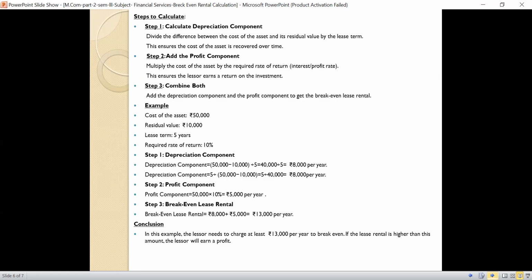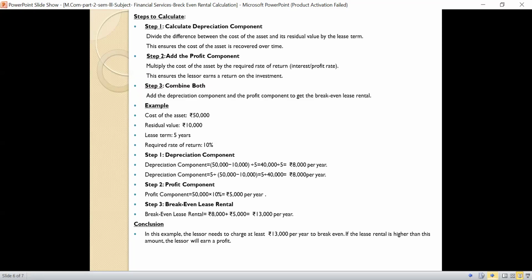Next, depreciation component is equal to bracket 50,000 minus 10,000 divided by 5, is equal to 40,000 divided by 5, is equal to rupees 8,000 per year.